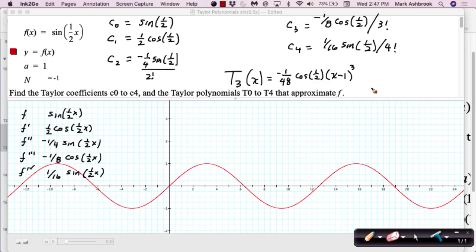There's the cubic. We got the coefficient. We know it's going to be times the x minus a, and a is 1, cubed. Then, is it negative 1/8 times sine of 1/2?